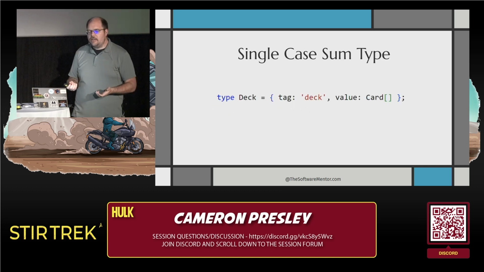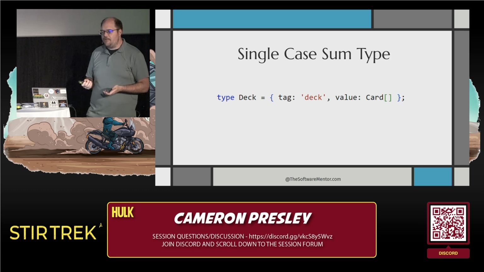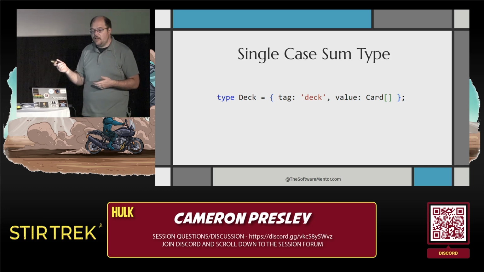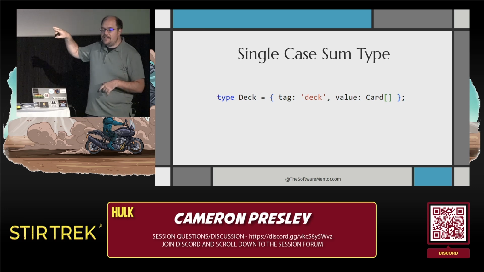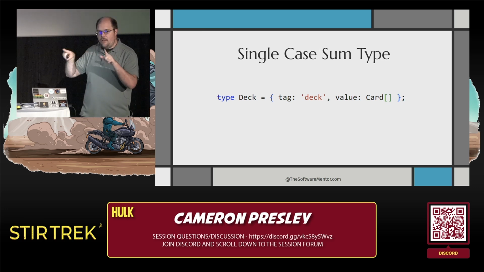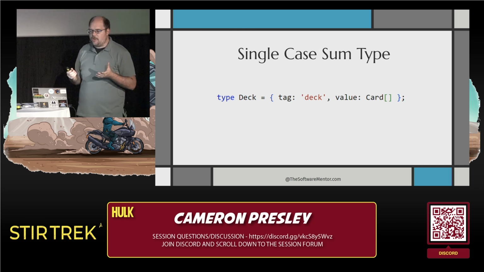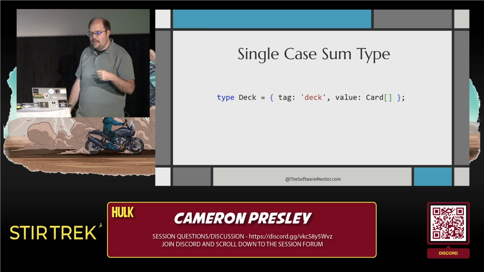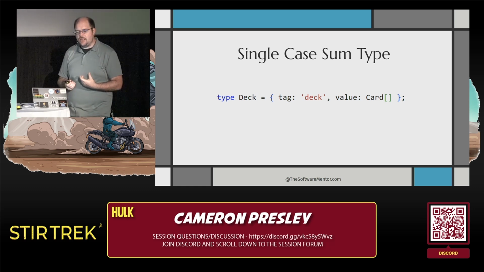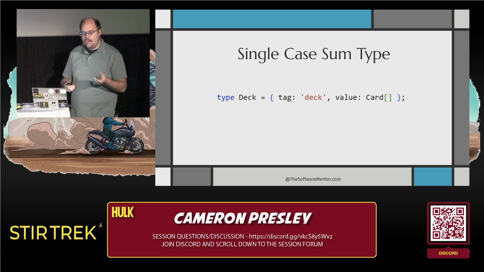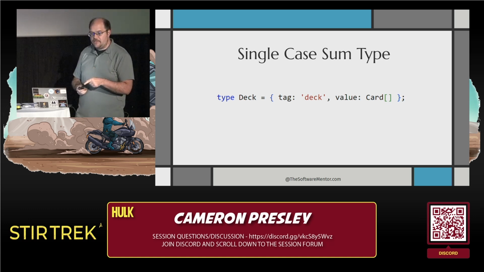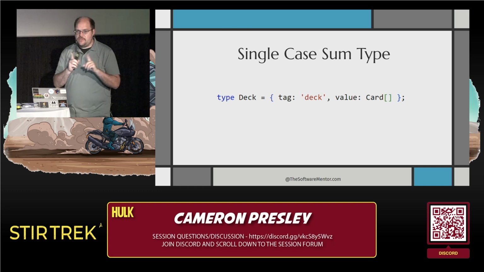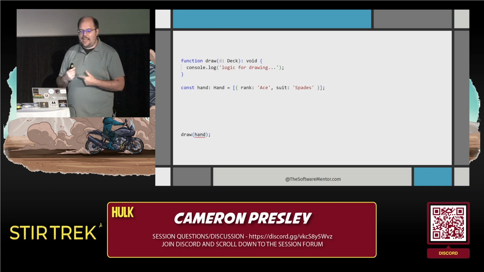Now, it's called different things in different languages, but in this case, it's literally called a single case sum type or a tagged union. So I'm saying deck is some record where it has a property called tag, a value deck, and then it also has a value property that is that card array. Now, the minute I do this, deck and hand aren't the same anymore, which means I can't pass them.